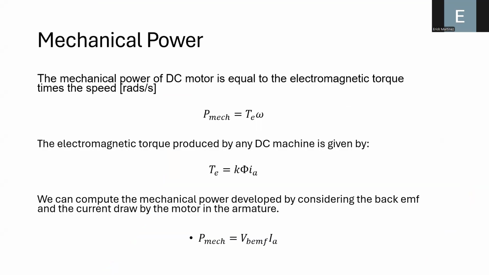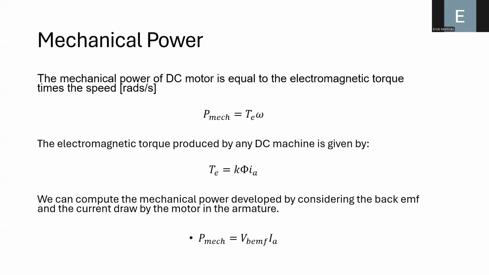And also you can compute this electromagnetic torque based on the constant of the motor times the current in the armature of the motor. So you can use this relationship to compute the electromagnetic torque, and you can use this relationship to compute the mechanical power produced by an electric motor in the DC domain.